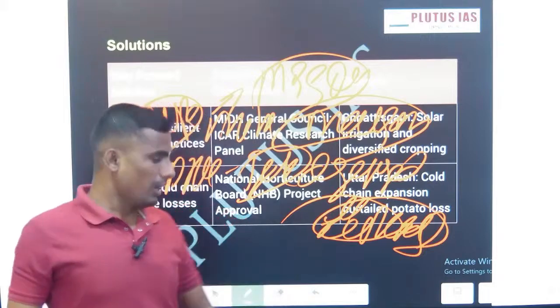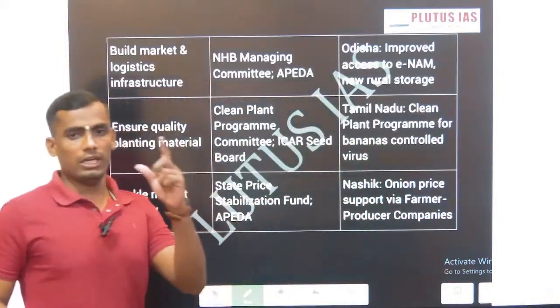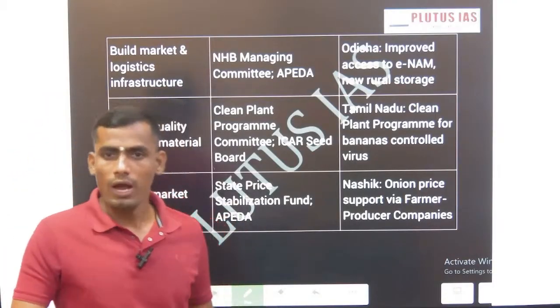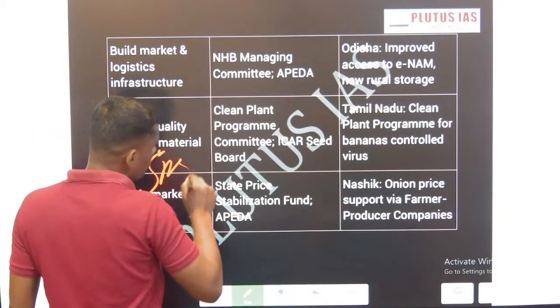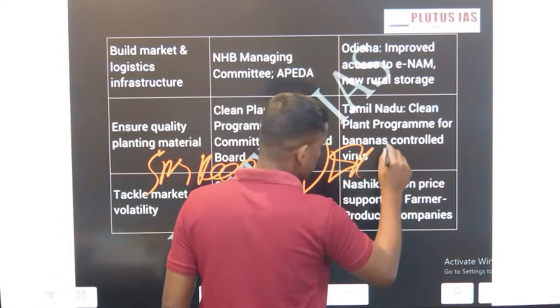Now, at the government level, the government should invest in infrastructure and strengthen the market linkage, and it is doing so particularly through food parks. There are around 61 food parks in India.